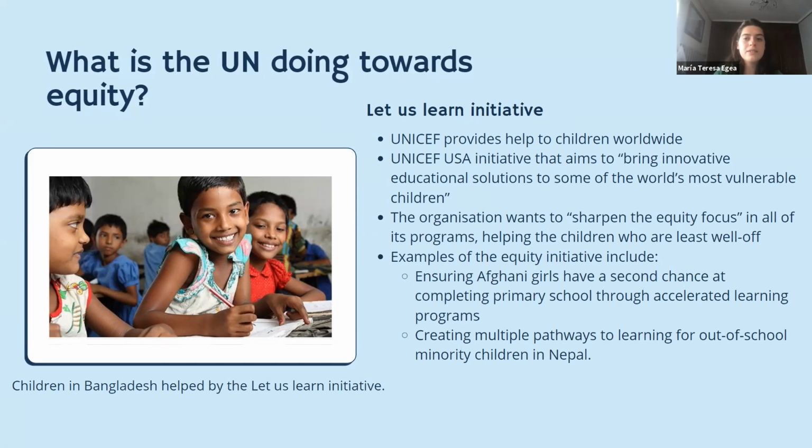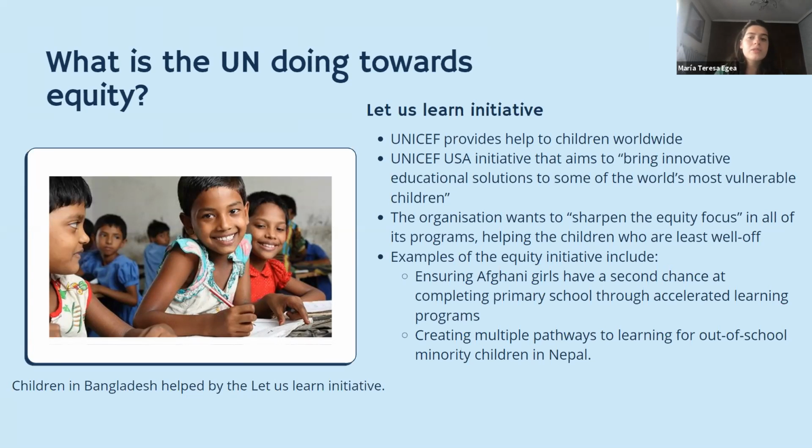For example, UNICEF USA boasts an initiative that aims to bring innovative educational solutions to some of the world's most vulnerable children. As they explain in their mission statement, the organization wants to sharpen the equity focus in all of its programs. To do so, they are trying to focus on helping the children who are least well off instead of those who have regular access to education.